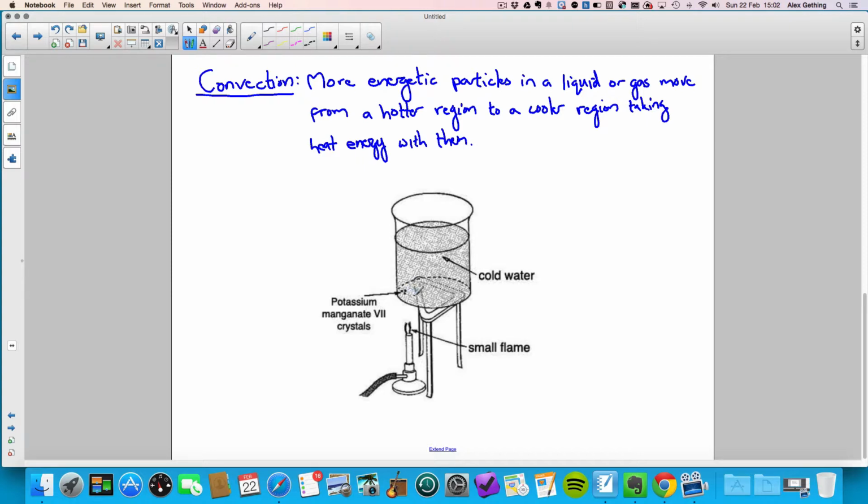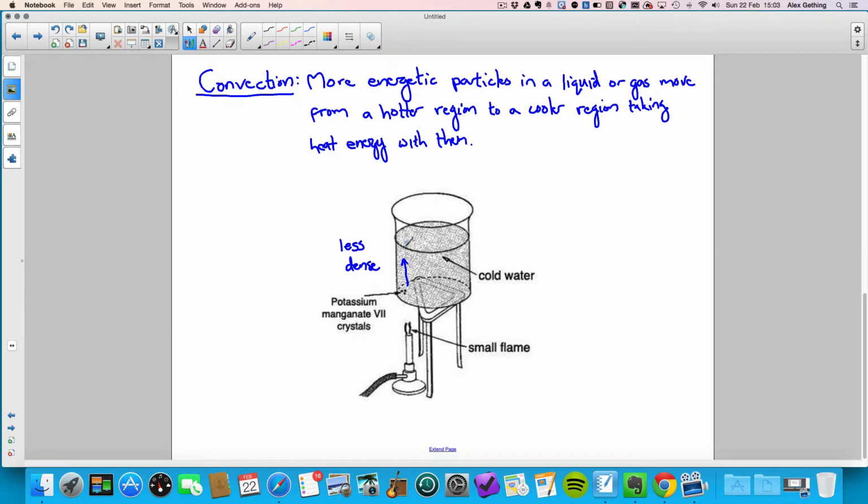This means that the distance between them is going to increase. The water at this point is going to start to expand and therefore become less dense and rise. Okay, so less dense, so they're going to rise up. Because of the difference in density, it's going to rise above the cooler water.